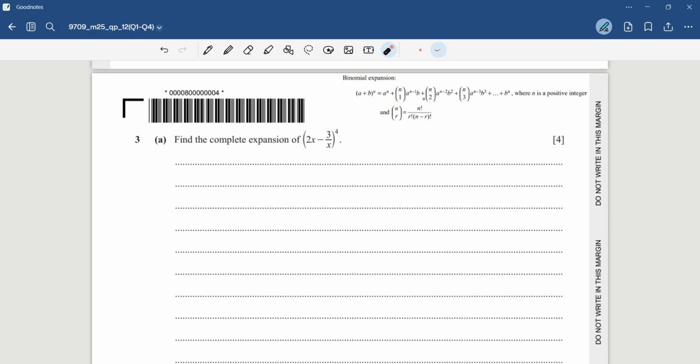Normally instead of nCr, I will use it as nCr for this case.